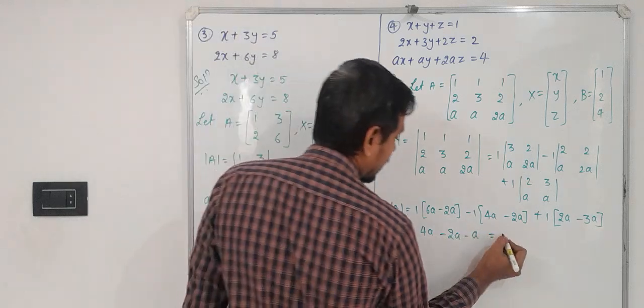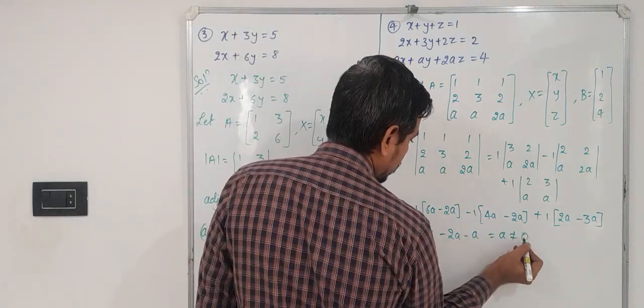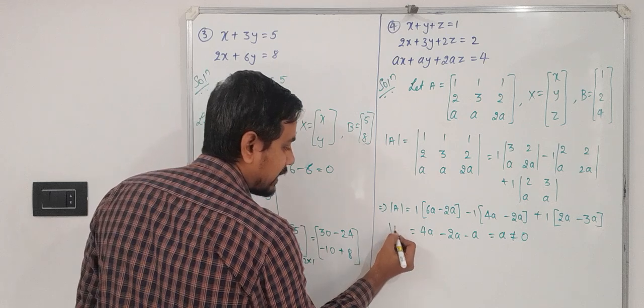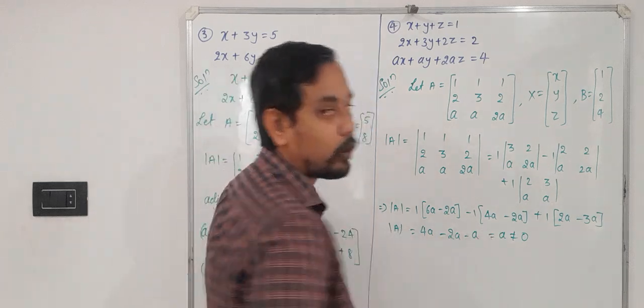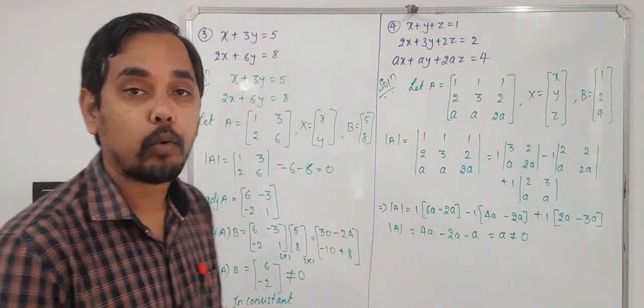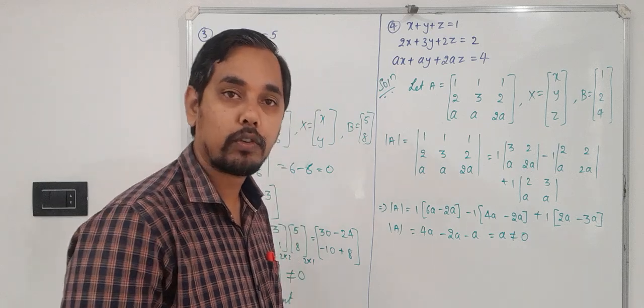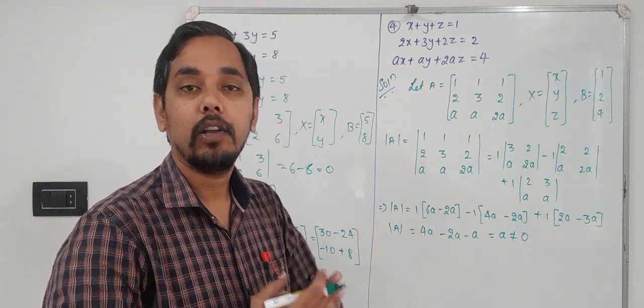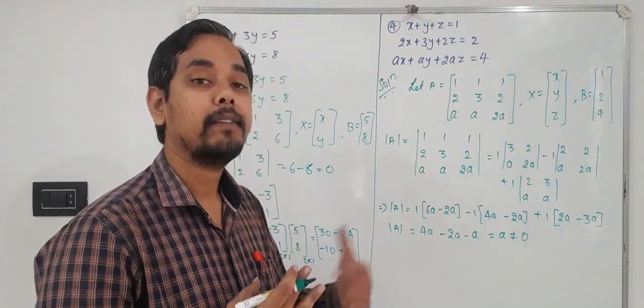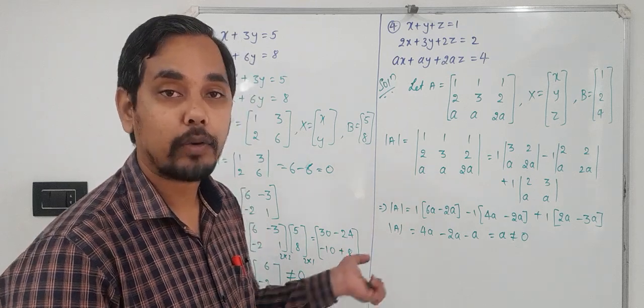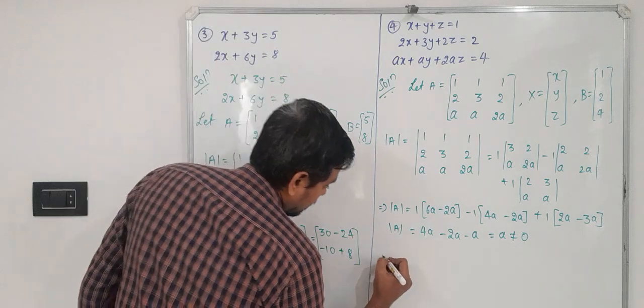This is nothing but a and is not equal to 0. So the determinant A is equal to small a and is not equal to 0. As the value of determinant is not equal to 0, I can say that it is a non-singular matrix and its inverse exists, therefore a unique solution exists.